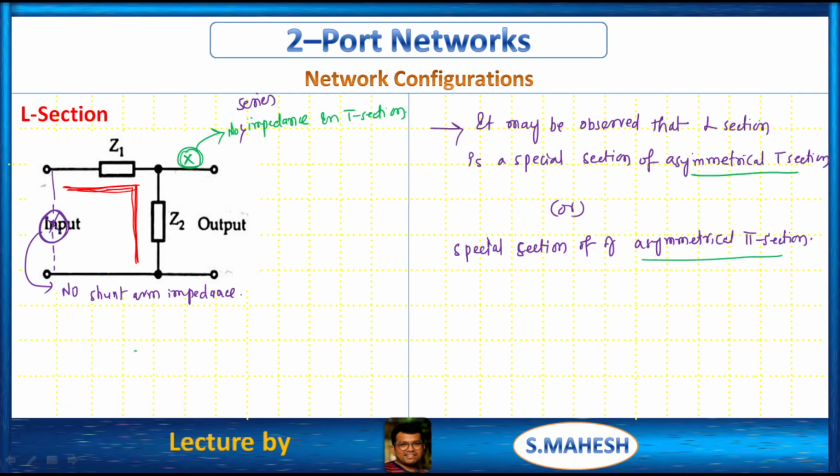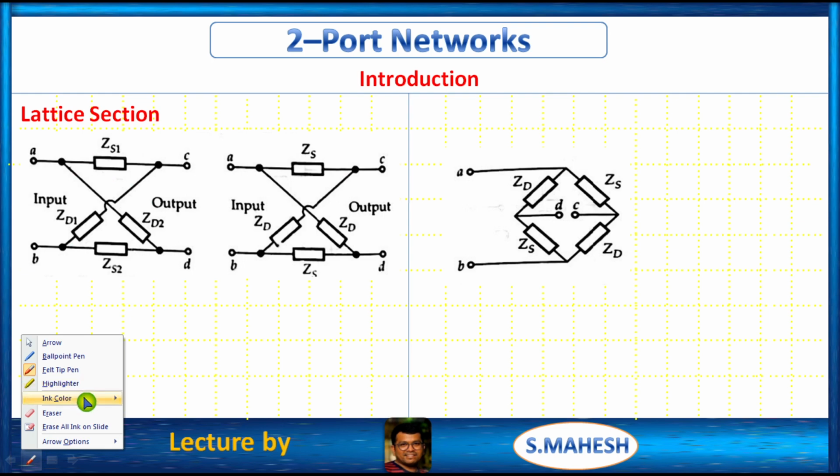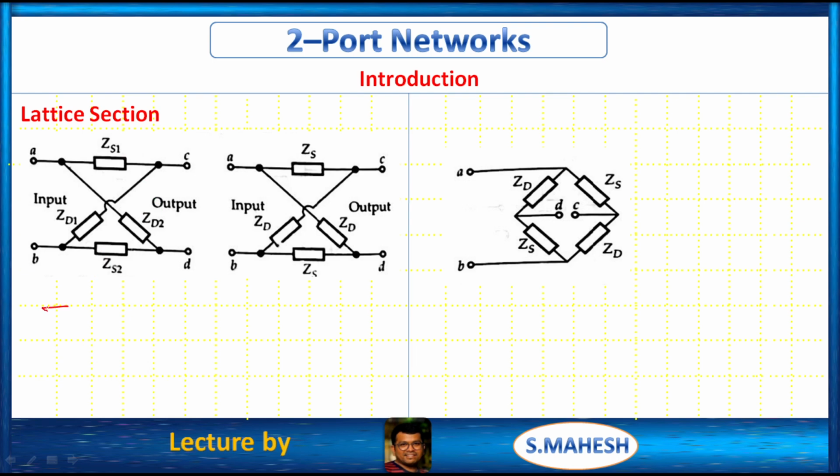That's it, right? Next, lattice section. Lattice means where series arms and cross arms or diagonal arms are connected in this manner. If series arms as well as diagonal arms are connected in this manner, then that connection is called lattice section.